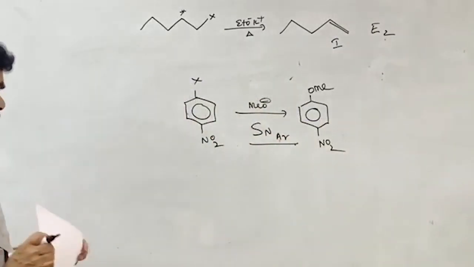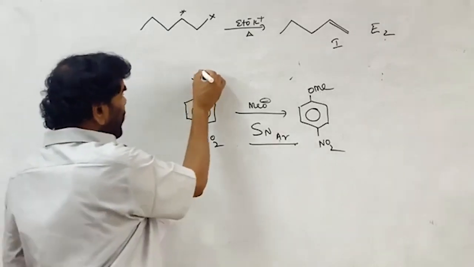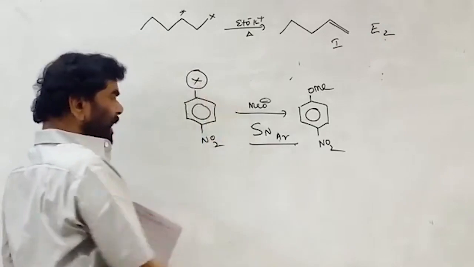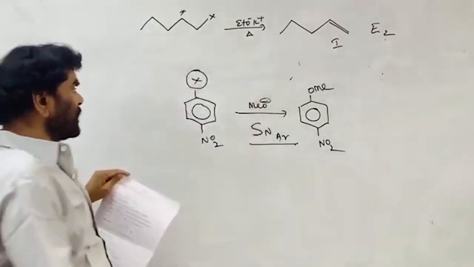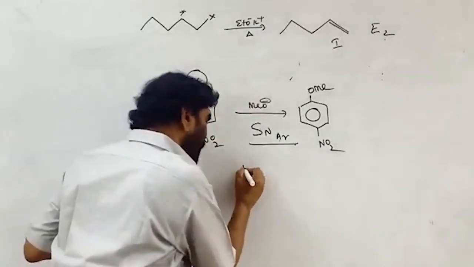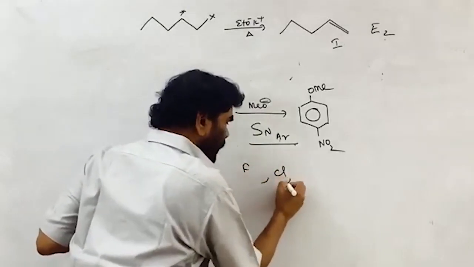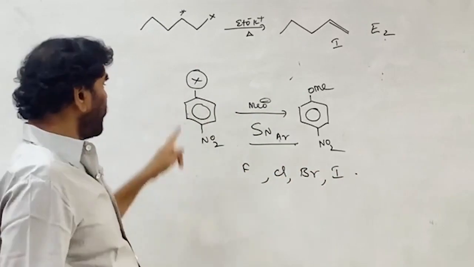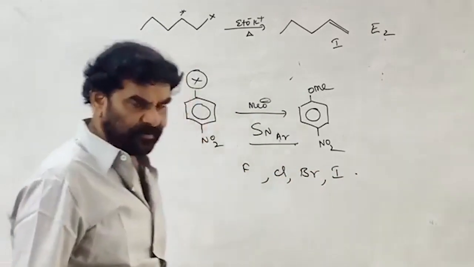This is the case. Now he is asking, the halogen is not specified. He is asking the relative reactivities of the different halogens: fluorine, chlorine, bromine, iodine. Which is more reactive?